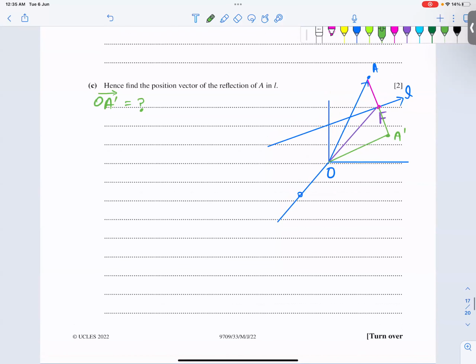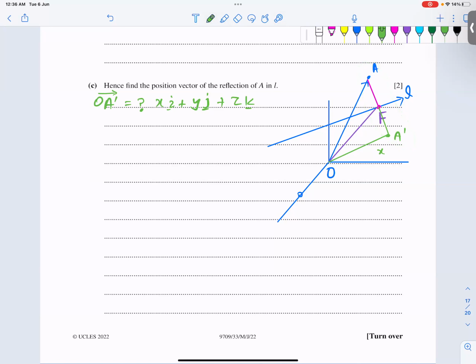The easiest way is, we can write OA prime as xi plus yj plus zk. Now, if you see this line, A, F, A prime, this line has 3 points on it, okay?